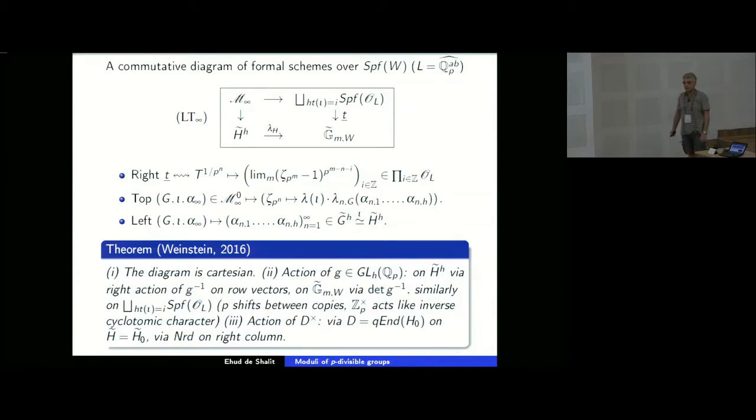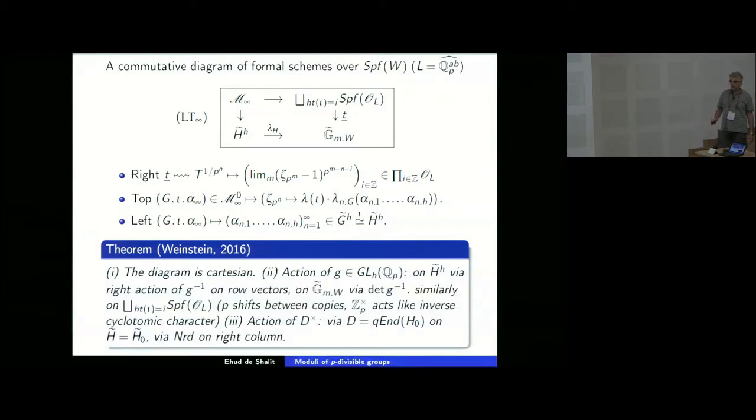So here you would get them too, and this would be GLh, sorry, not GL2, modular curves is GL2, here is GLh. GLh of Qp would simply act by acting on the right on this. Okay, so you take a matrix and you just view this as a row vector and you act on the right. And here you have to act by the determinant of the matrix. Maybe you have to invert things to make it an action and not an anti-action, but that's the usual business.